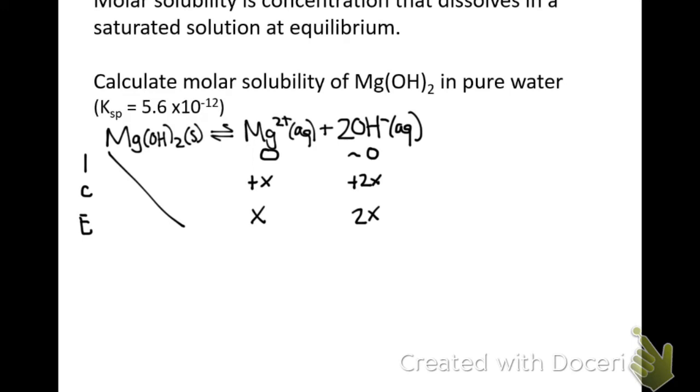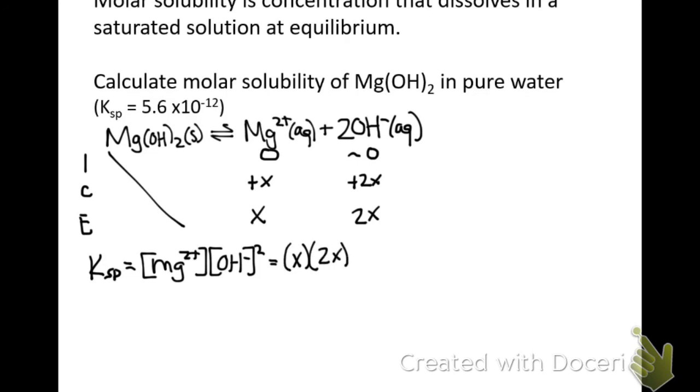So we can put those back into our KSP equation, which we said before is going to be the concentration of Mg2+ times the concentration of OH- squared, which here is x times 2x squared, or 4x cubed.